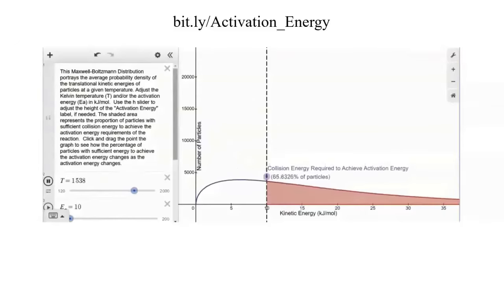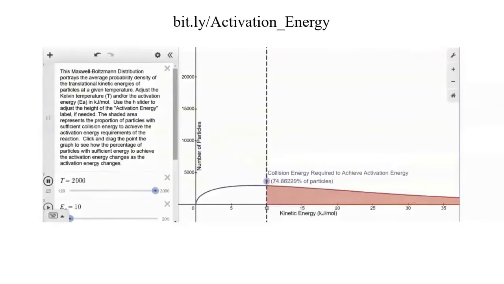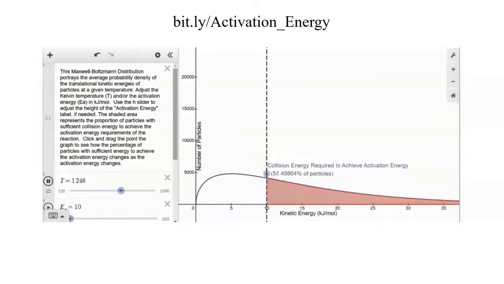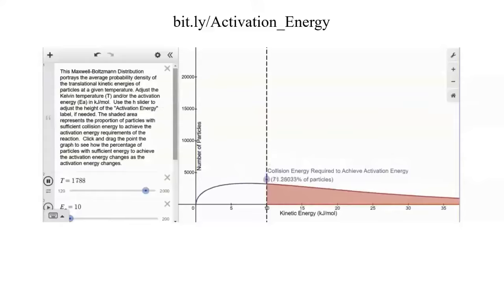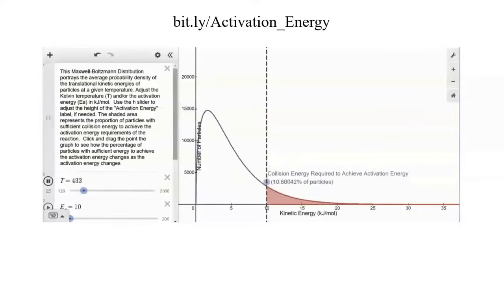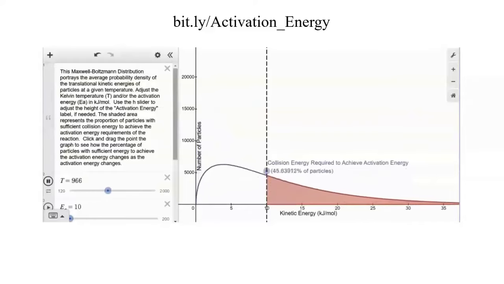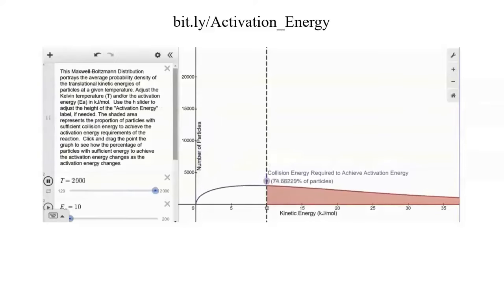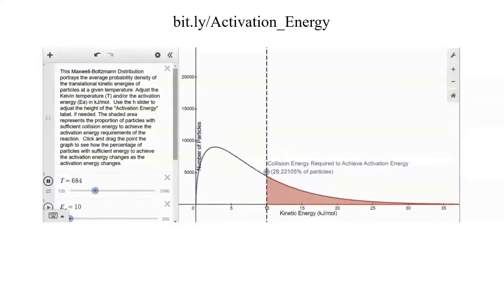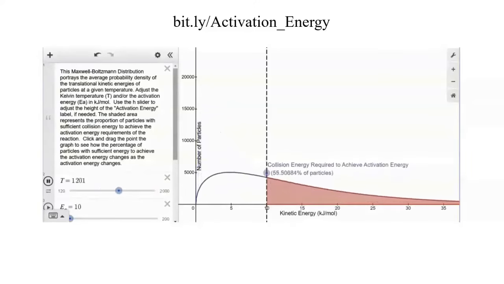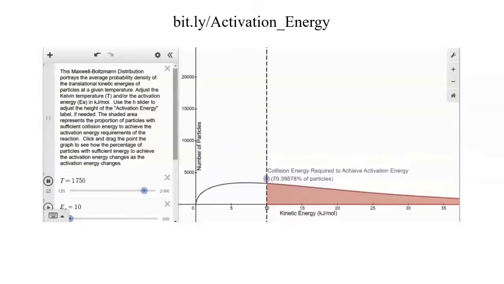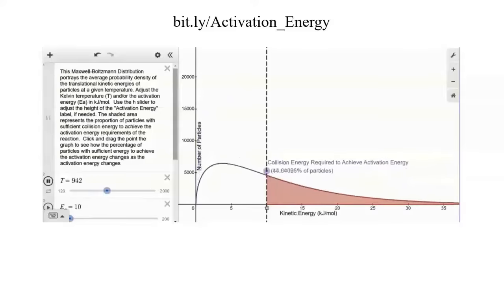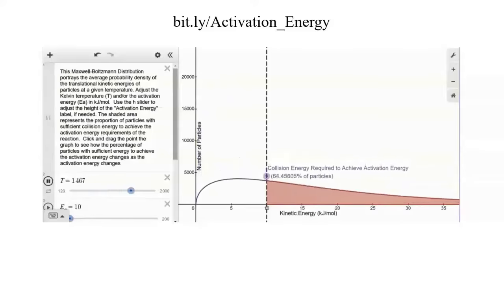In terms of the collision model, we have the Maxwell-Boltzmann distribution curve, and as the temperature is increased, the curve becomes broader and flatter. And the region underneath the curve to the right of the activation energy in this diagram, that area under the curve increases, indicating that at a higher temperature, a greater fraction or a greater percentage of those collisions have enough energy to overcome the activation energy barrier.